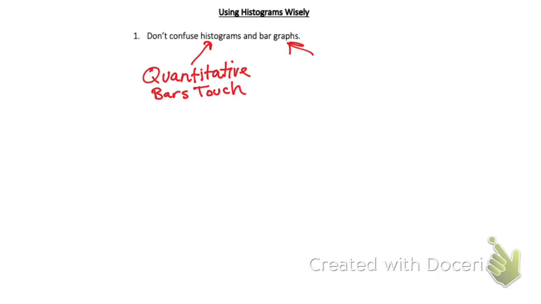Bar graphs are categorical. The bars are separate. Quantitative versus categorical. Short.